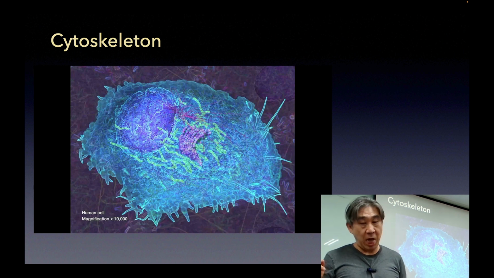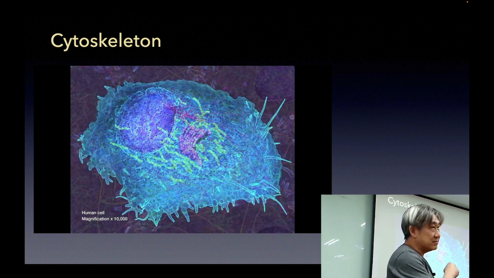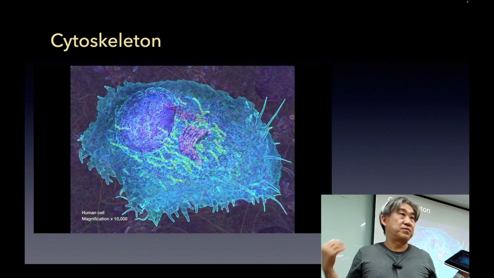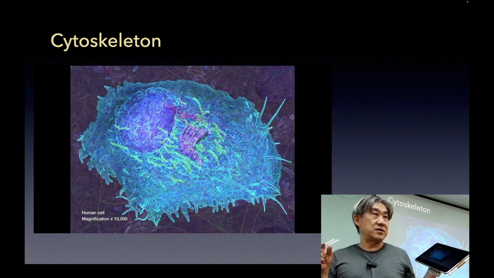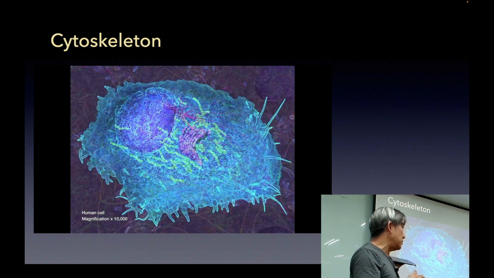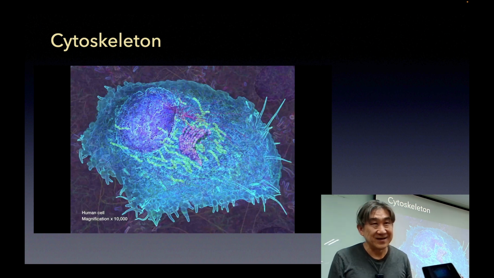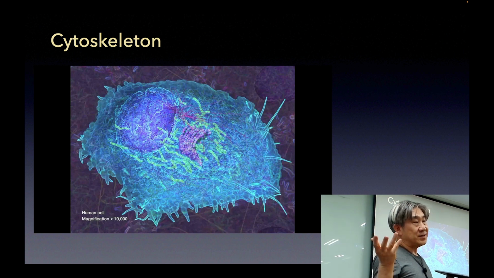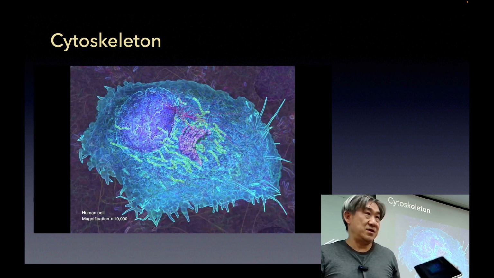Another thing is, unlike what we looked at in the previous week's lecture, the cytoskeleton is not an example of organelles. They are simply some complex proteins. They are just proteins, but not organelles.